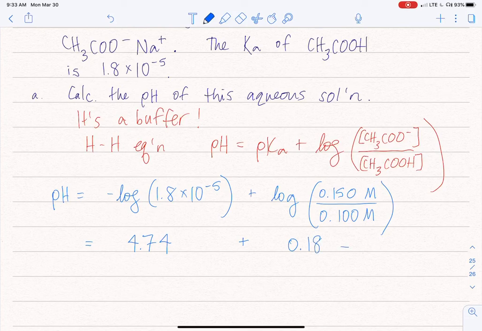So you'll notice that the pH of this buffer is 4.92, and this value is just slightly above the pKa, which makes sense because we have more base than acid, right? We have more moles of base than we have moles of acid, which raises the pH to a value slightly above the pKa of that buffer. So this buffer solution has a pH of 4.92.